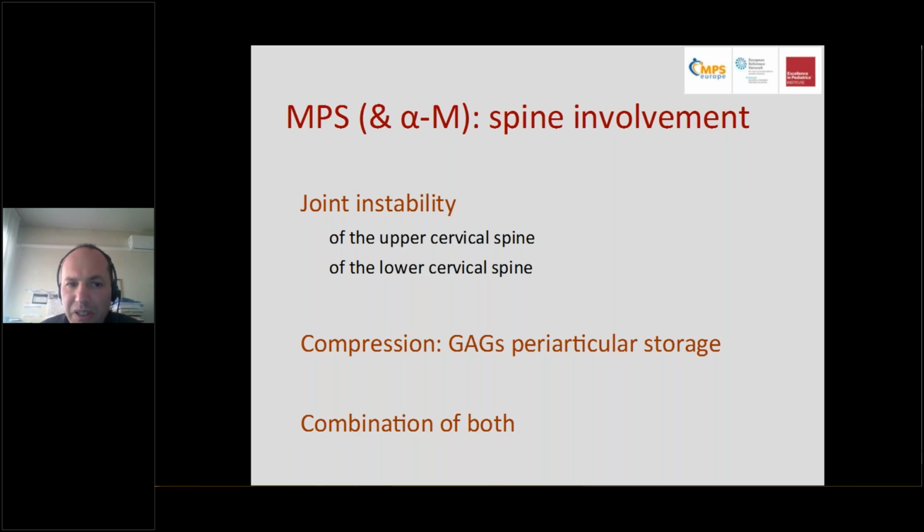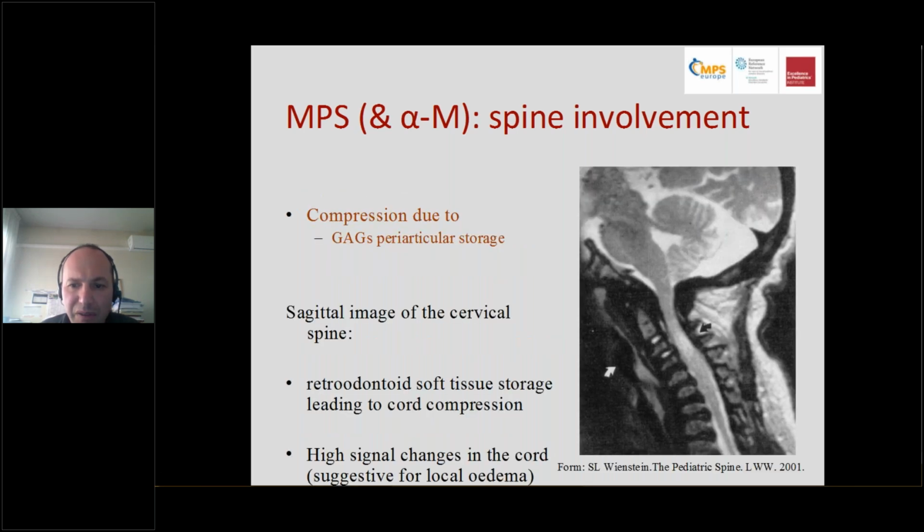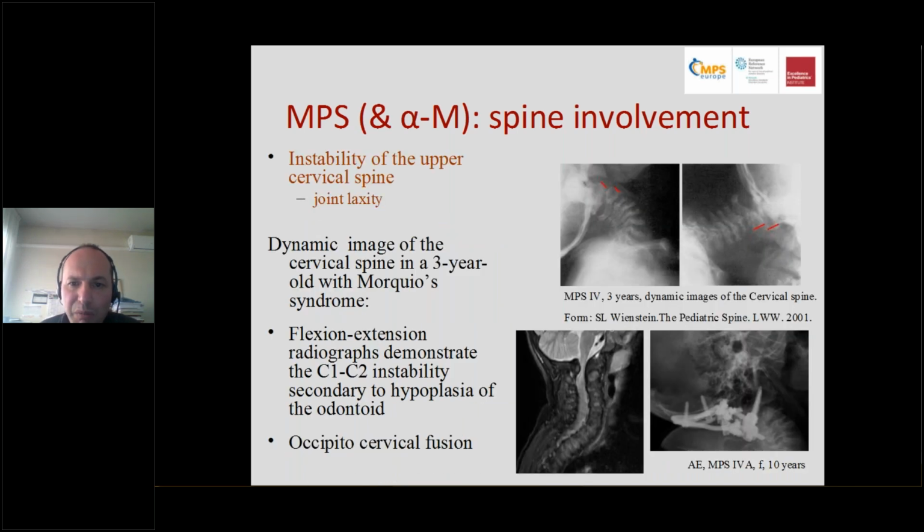In the spine, we commonly observe some joint instability that can be in the upper cervical spine or in the lower part of the cervical spine, a compression due to the glycosaminoglycans storage in the periarticular tissue, or a combination of both. Like in this case, for example, we can see a compression in the upper cervical spine, or in this case, for example, a Morquio patient, we can observe an instability that is well documented in extension and flexion X-ray, or in this magnetic resonance.